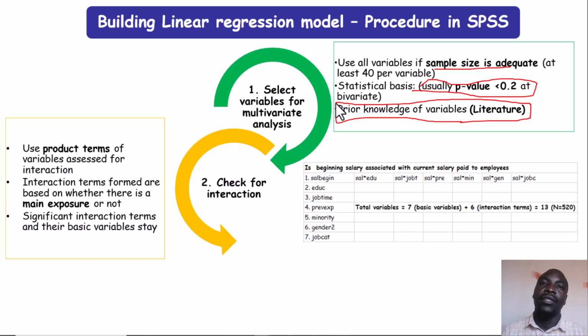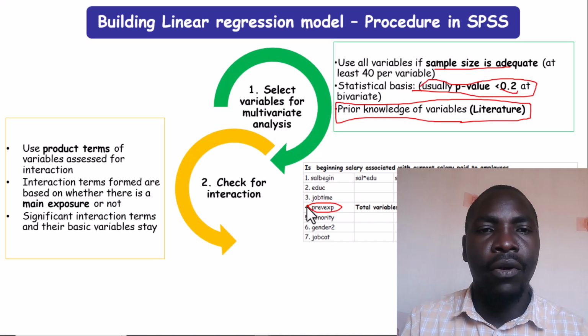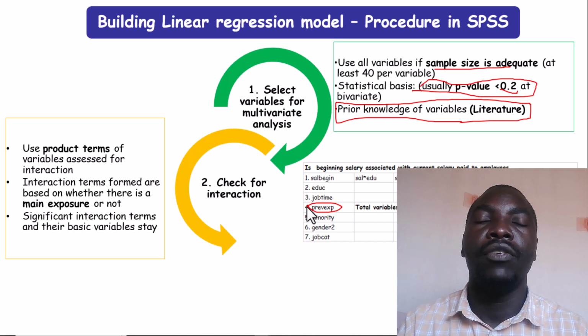That variable has to be in my model. That's called logical model building. You're basing on literature to put a variable into the model. Even if it had a p-value above 0.2, we would ensure that we put that variable in. So that's how you select variables to include in your multivariate model.